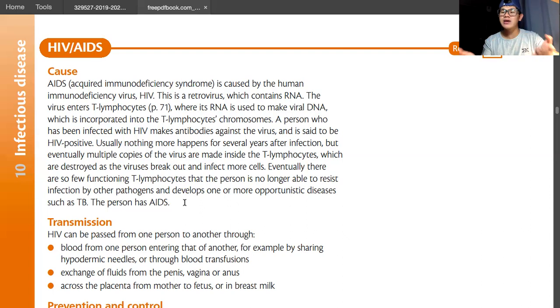So sometimes they may die simply because they get a common cold, an ordinary fever. In a normal person, you can easily fight it off with your antibodies, but for people with HIV it's very hard, because the white blood cell level is too low now. So that is the mode of action for HIV/AIDS.